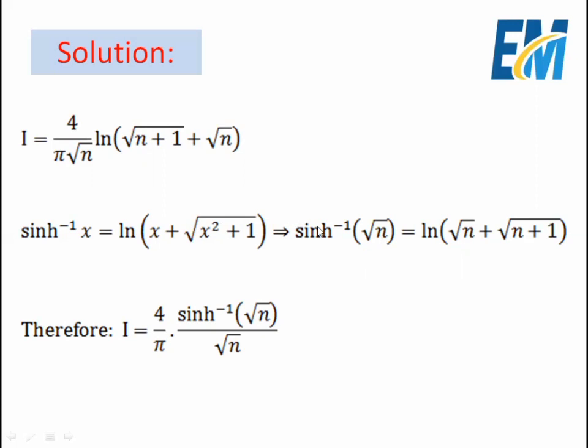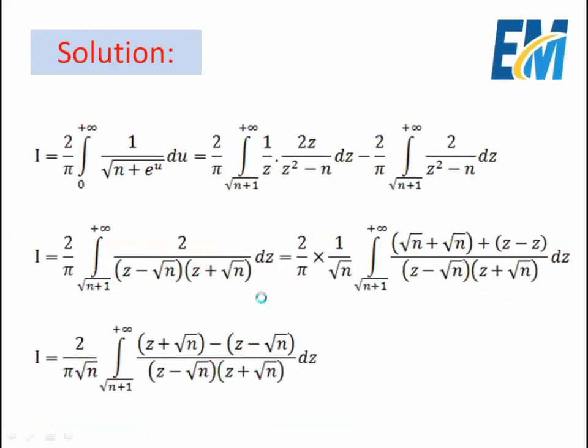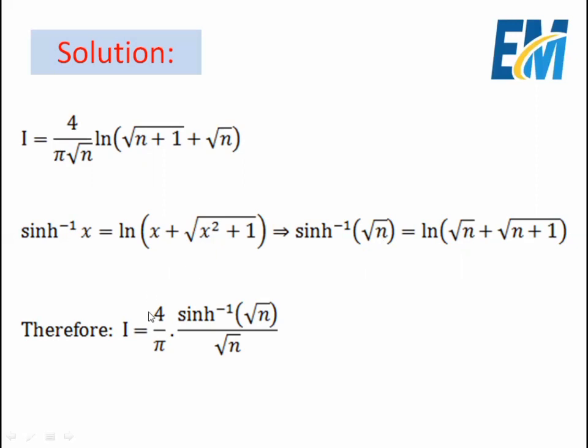So we will get sine hyperbolic inverse of square root of n equals ln of square root of n plus square root of n plus 1. So instead of this term, we will put inverse sine hyperbolic of square root of n. Therefore, this integral I equals 4 over pi all multiplied by inverse sine hyperbolic of square root of n all over square root of n.